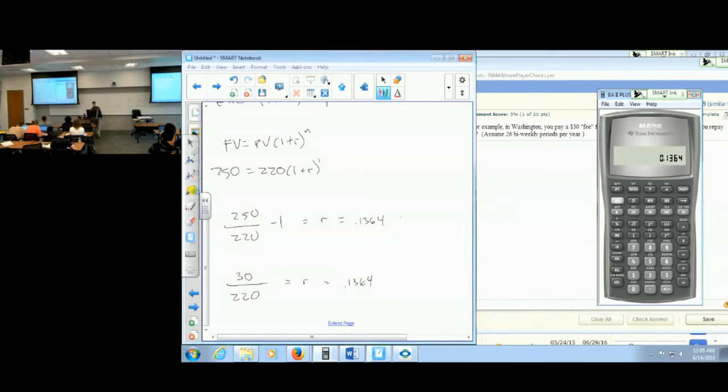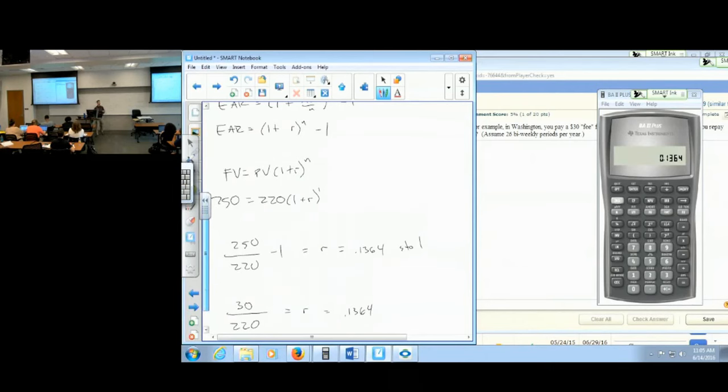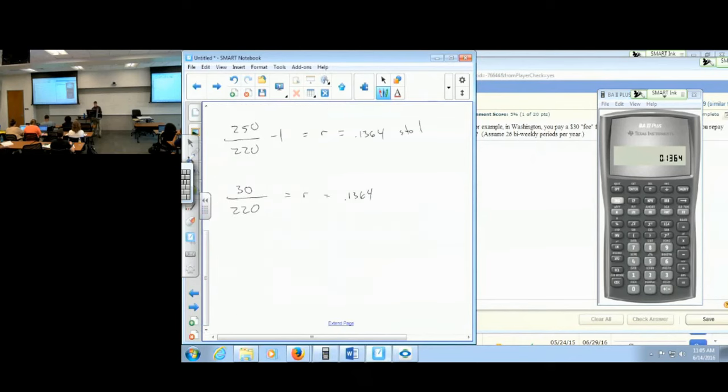Store it in 1. Right, because we know that's worked out to 13 decimal places. We're going to turn around and plug it into this EAR formula, and I didn't want to introduce a rounding error here. Okay, so I'm storing that in the 1 key, STO 1. Hey, I've got my periodic effective rate, so I'm ready to plug into the EAR formula.